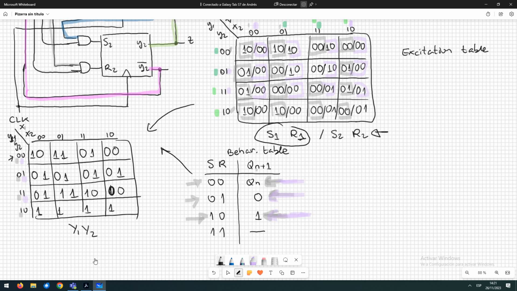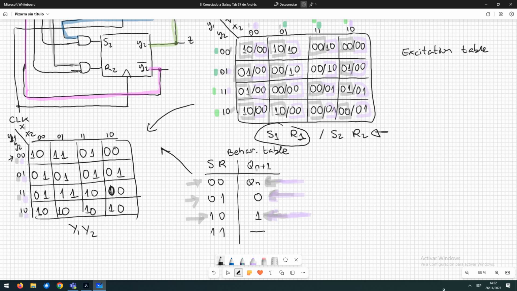And finally y2 is 0, and we have 0 0 here, that is keeping the same state. Looking at the behavior table, if the state is 0, we keep the same state. And here we have 0 1 and 0 1. 0 1 is resetting the system, having a 0 in the next state.